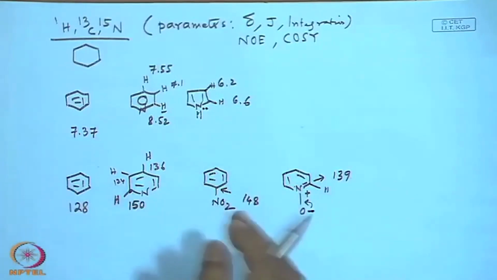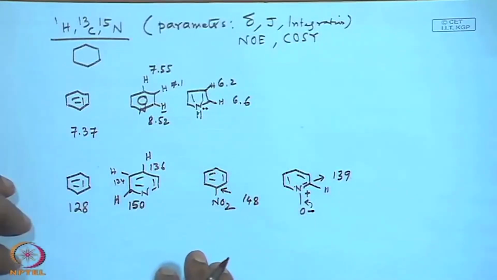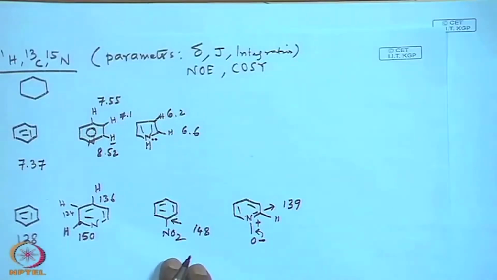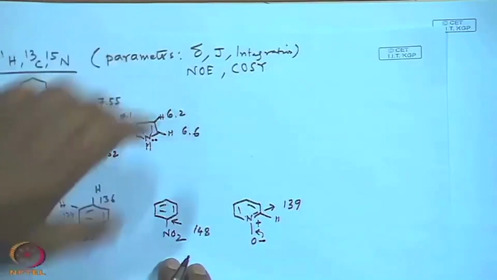So, you can just extrapolate all these things without much problem. Basically, the trend in electron density or the chemical shift is important here.